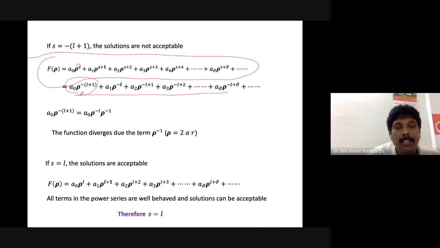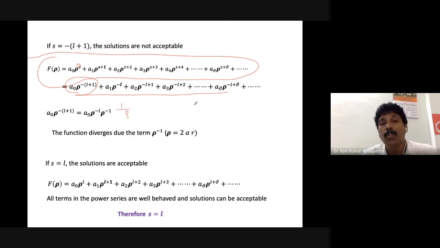The first term is a naught rho to the power minus of L plus 1. I can write it as a naught rho to the power of minus L multiplied by rho to the power of minus 1, so 1 over rho. This is essentially this particular term.